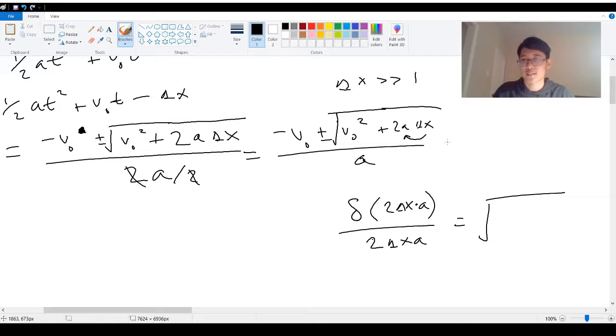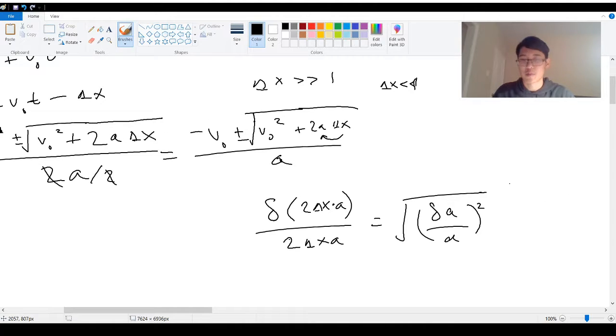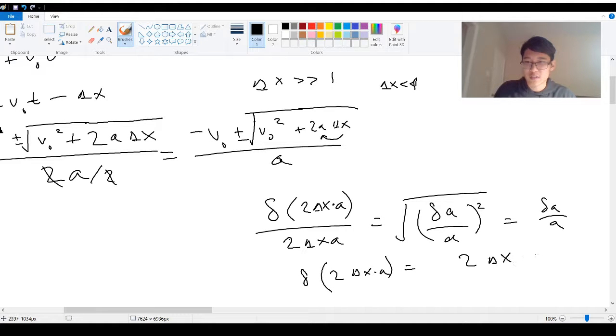Obviously 2 delta x, since they're absolute numbers, don't have uncertainty, so their uncertainty is 0, but a has an uncertainty, so delta a over a squared, and this is just the equation for the uncertainty of a product, right? So then this thing is just delta a over a. So if we multiply both sides by 2 delta x times a, the uncertainty in 2 delta x times a is equal to 2 delta x times delta a, right?